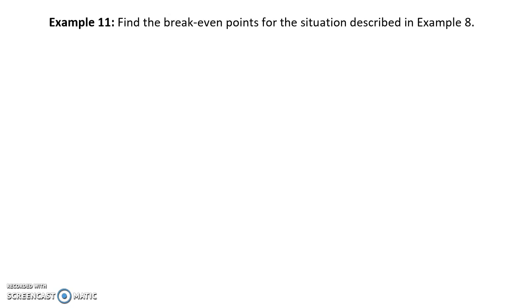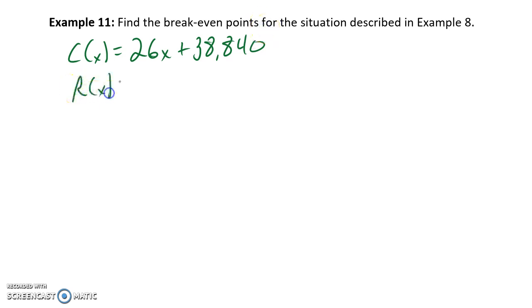In our last example, we want to find the break-even points for the situation described in example 8. If we refer back, we could see that we were given a cost function and a revenue function, which we use to then generate a profit function.